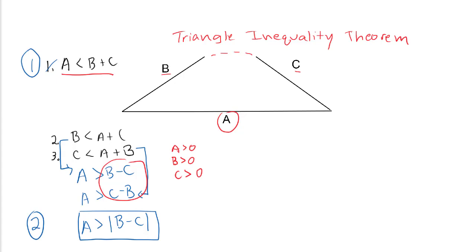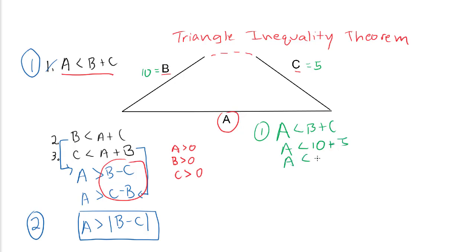So let's see this all in action in a particular problem. Suppose I had a side length 10 for B and let's say a side length 5 for C. For what range of values for A would my triangle exist according to this inequality theorem? Well, first I would say condition 1, A is less than B plus C, which is to say A is less than 10 plus 5.